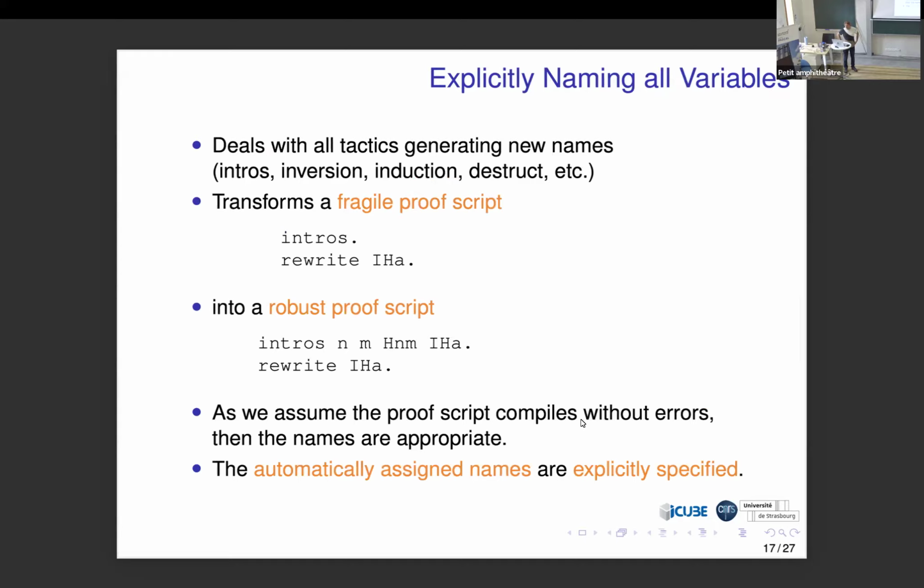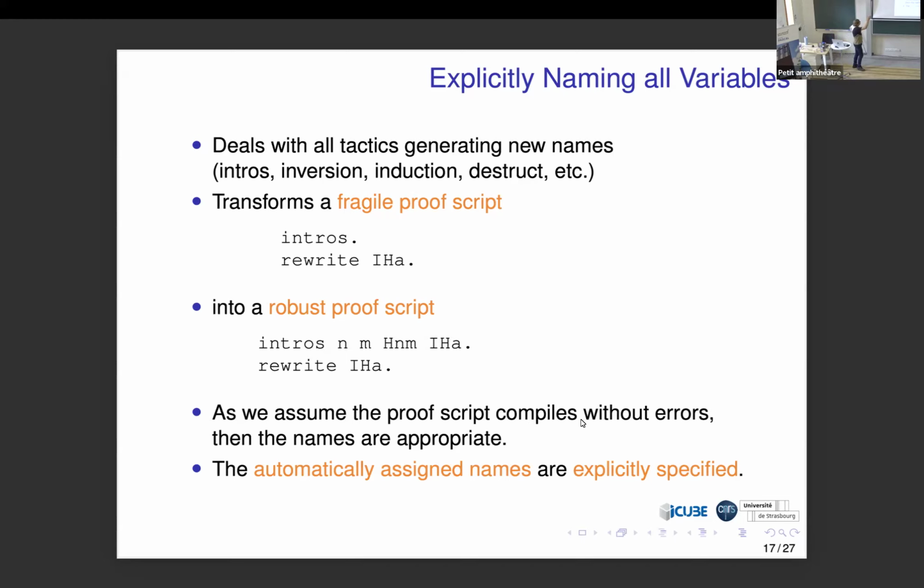Next example is how do you proceed to name explicitly all of the variables? Basically intros is something you can do with no argument, but there are many other tactics, including inversion, induction, destruct, and some other ones, which generate new names that have not been specified by the user.